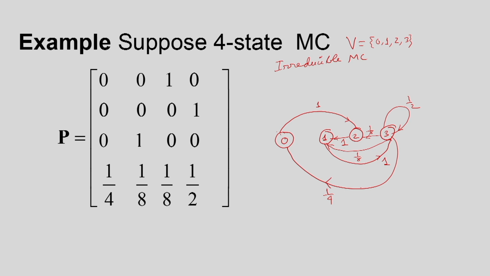Now, f 0 0 is the probability that eventually this chain will return to state 0, given that it has started at state 0. So, what will be this probability? It may come only in one step.